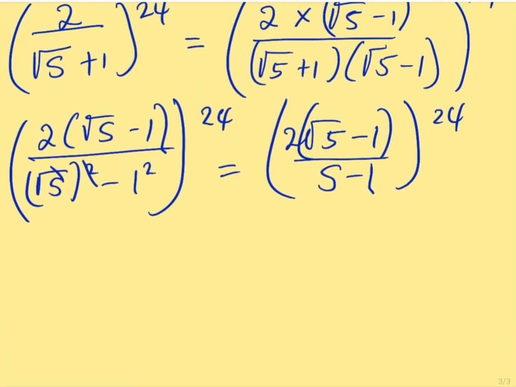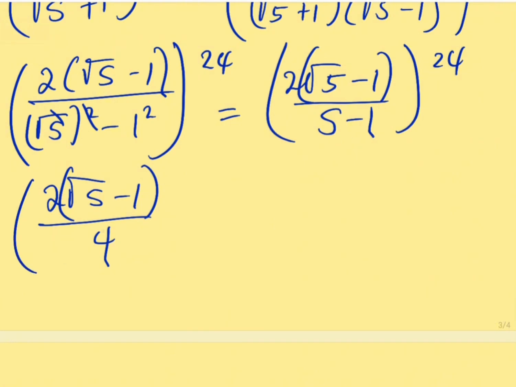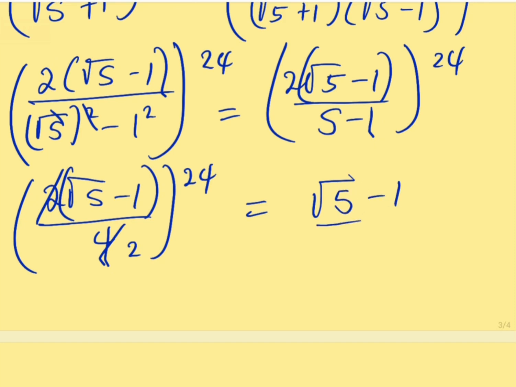So from here, we shall have 2 root 5 minus 1 over 4, because 5 minus 1 is 4, to the power of 24. So these 2, we cancel this 4, leaving us behind with 2. We are now left with square root of 5 minus 1 all over 2, then everything to the power of 24. This is where we are.